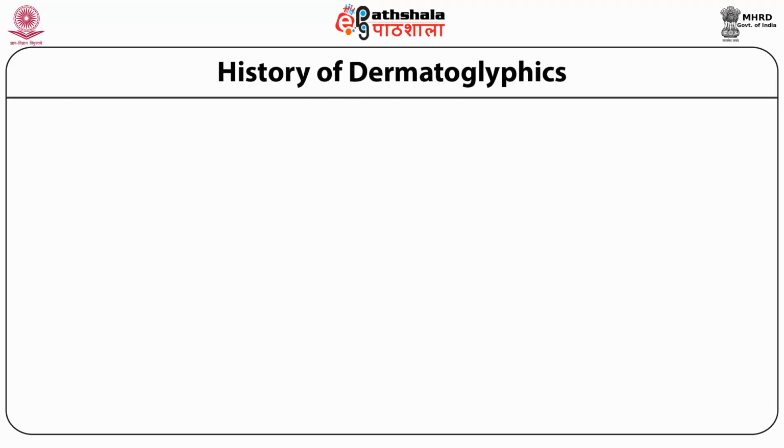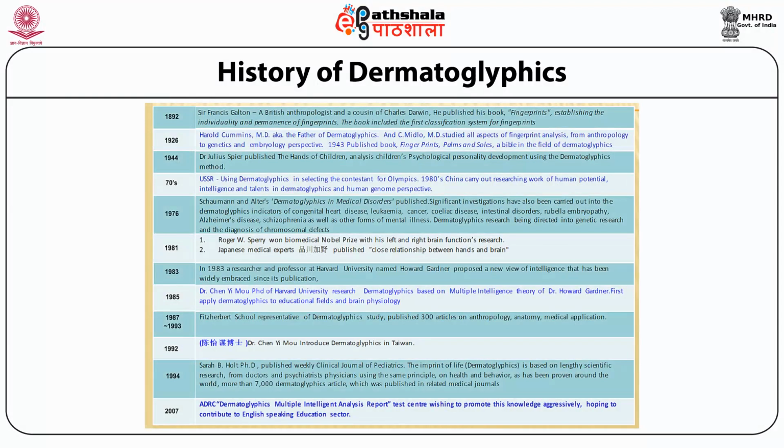History of dermatoglyphics. When we look at the history of dermatoglyphics through this presentation, starting from 1892 till the present, a lot of work has been carried out in the field. The first one was Sir Francis Galton, a British anthropologist and a cousin of Charles Darwin.